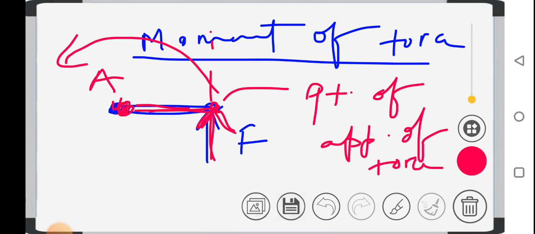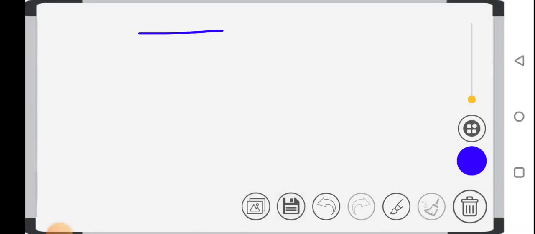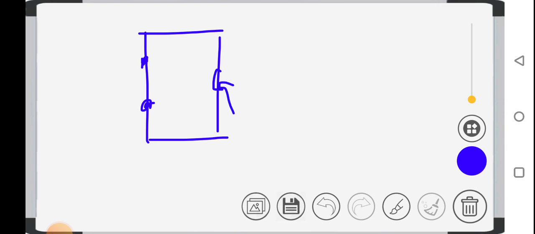Now let me give you one daily life example. Suppose the door at your home. Look at the door which is connected at your home. Now you know that the door is fixed at hinges. There is a handle on the door, and when you apply a force on this handle, the door either rotates clockwise or anti-clockwise, meaning it produces a turning effect.